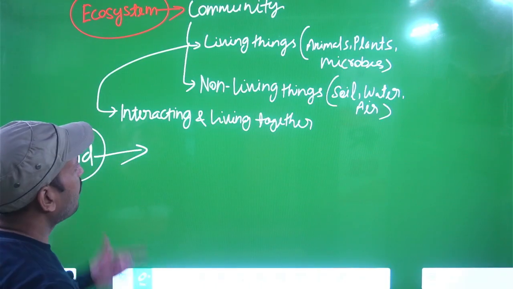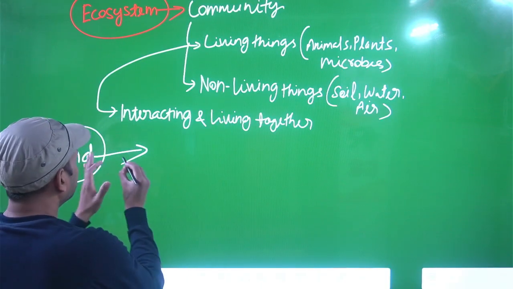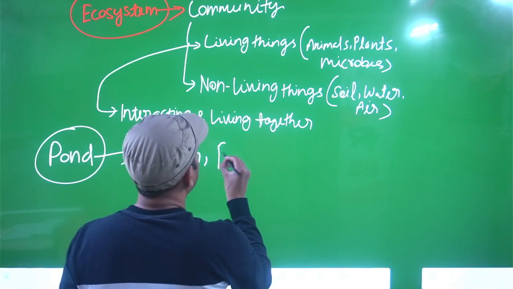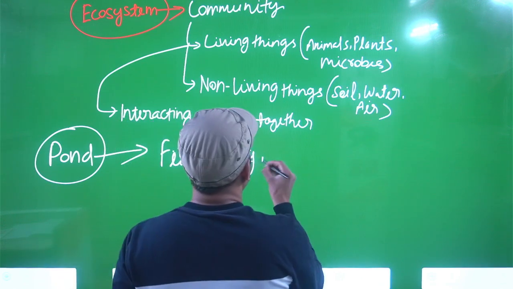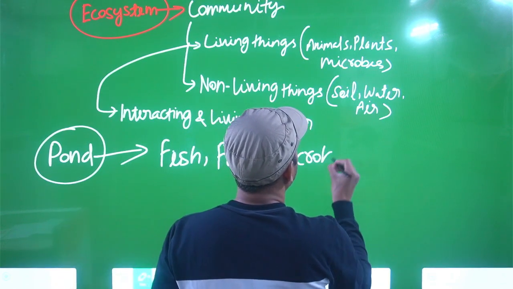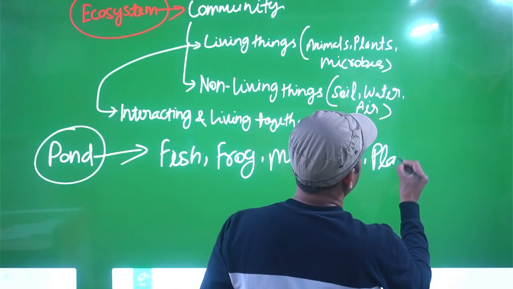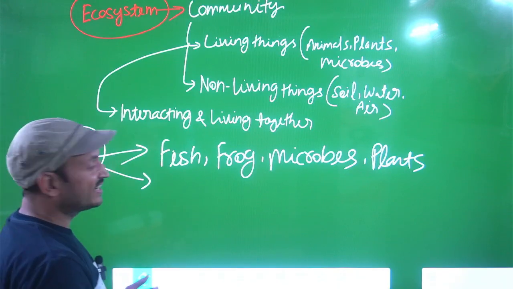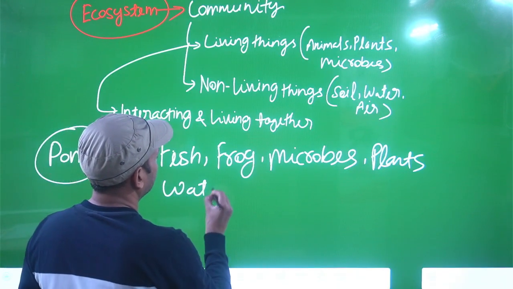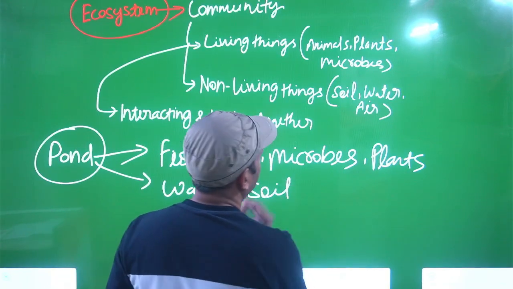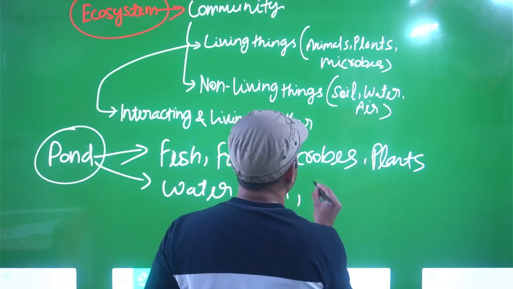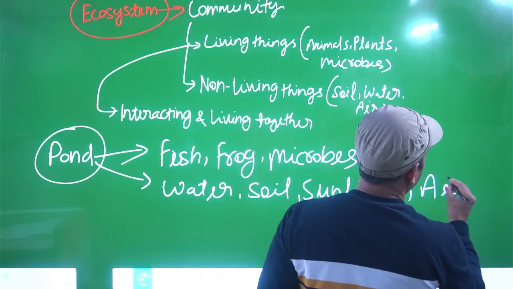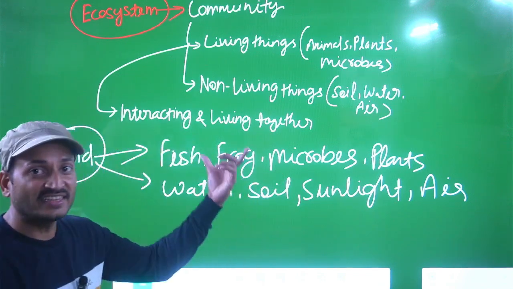In a pond ecosystem, we see living entities like fish, frogs, microbes, and plants at the edges of the pond, and non-living entities like water, soil in the form of clay beneath the water, sunlight, air, etc. They interact with each other and they live together.